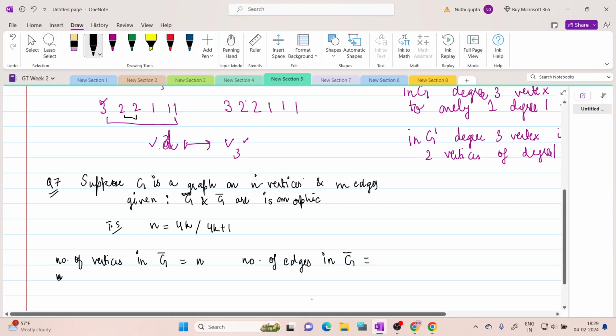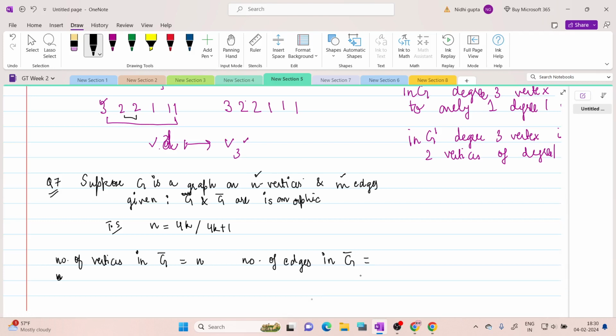If G is a graph on n vertices and m edges, why would G bar have m? Because they are isomorphic. Okay, suppose we were not given that; this is for this special case. You are right, it is m in this specific situation. But I am asking: if G is any graph on n vertices, and right now we don't have any condition on G bar, what will be the number of edges in G bar? NC2 minus m.